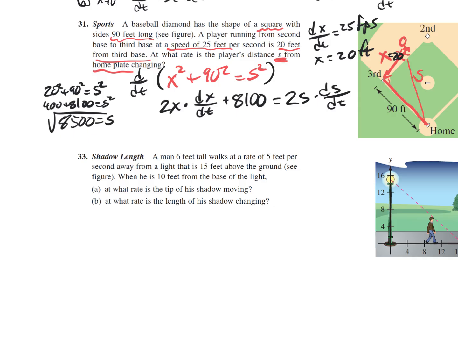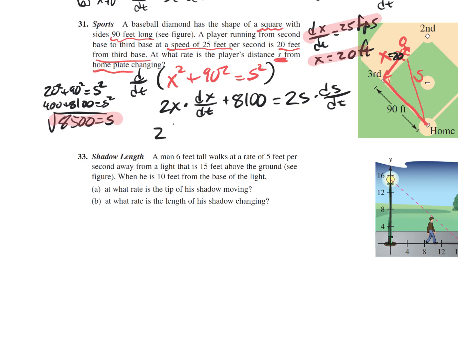And that is not a rational number, so we'll just leave it as the square root of 8500 for now. That's fine. And that is S. So we've got everything we need here. So let's plug it in.